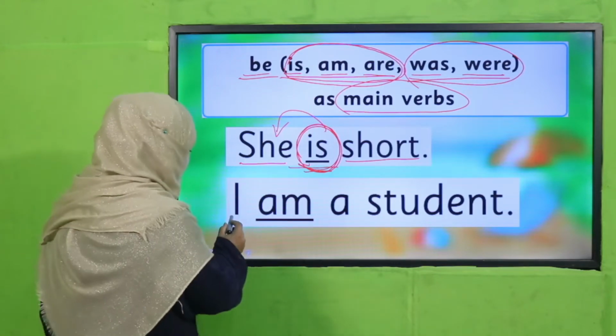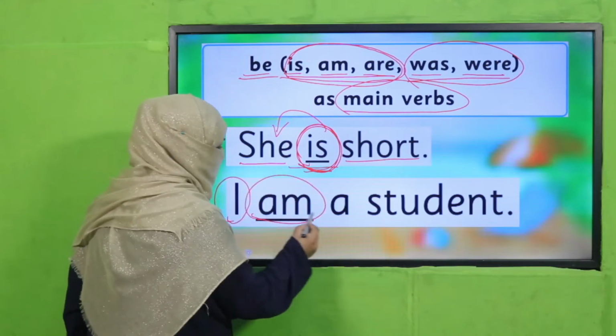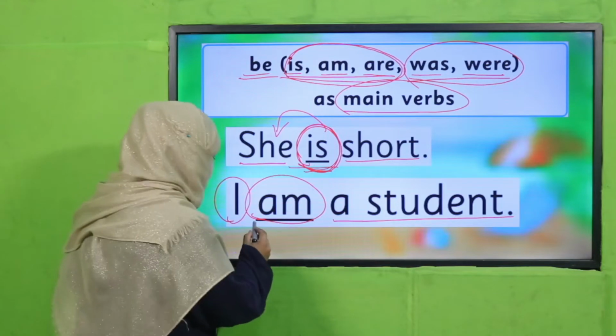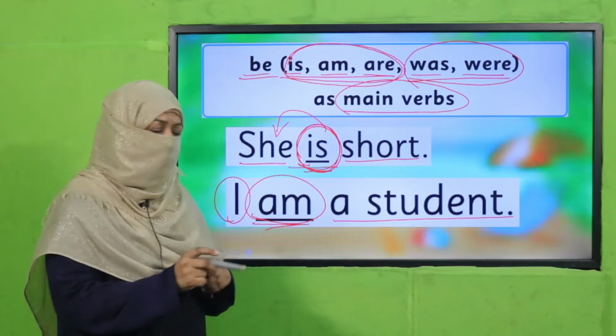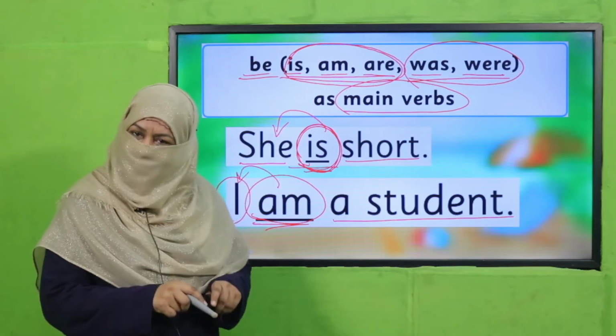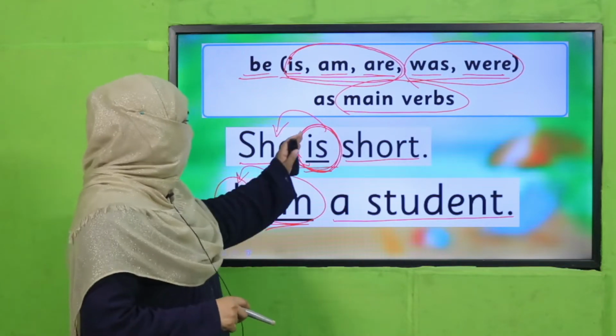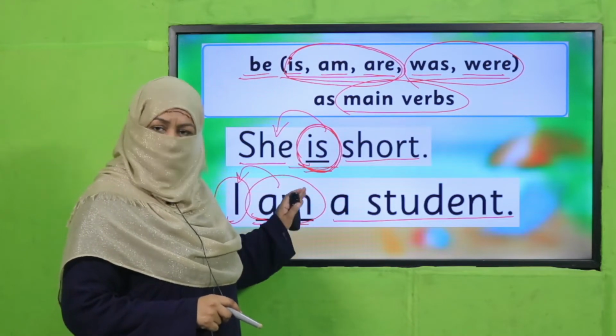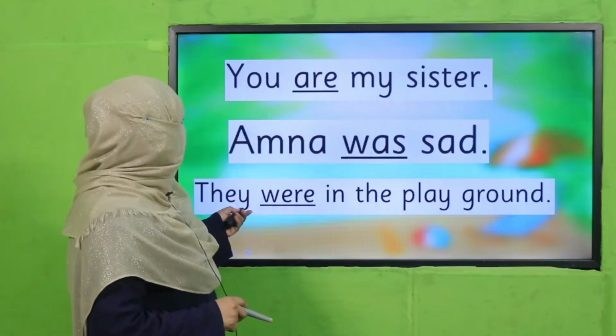Good. I am a student. Is there any other verb? No. It means this am is the main verb, which is telling the state of the subject in present tense, right? So this is how we use these forms of be as main verb to represent present tense, okay?